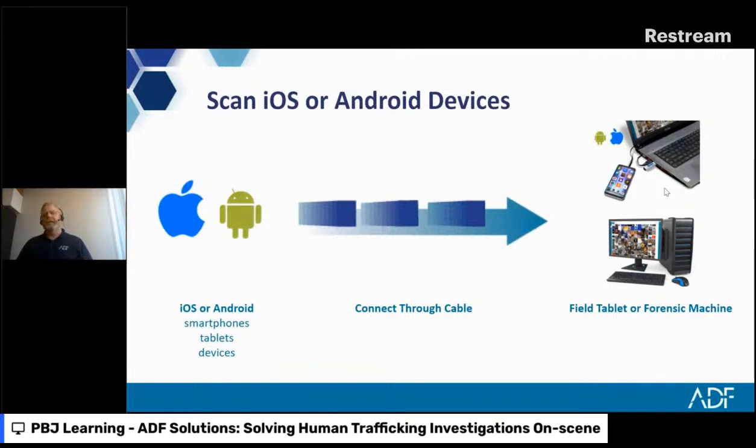For a computer, same way, you can hook your device to the workstation. Any attached devices can be scanned. If you bring it out to the field, we put it on a USB device, a collection key, if you will. You could bring out as many of these as you want and scan as many laptops, computers, tablets out in the field as you want as well with one license.